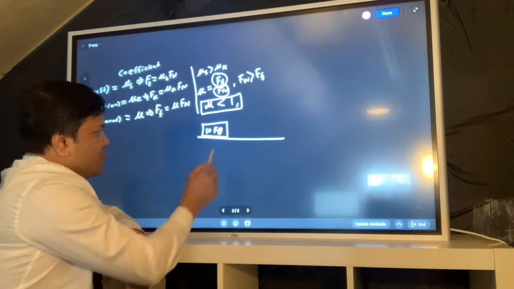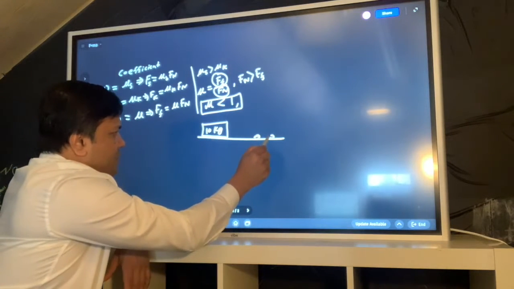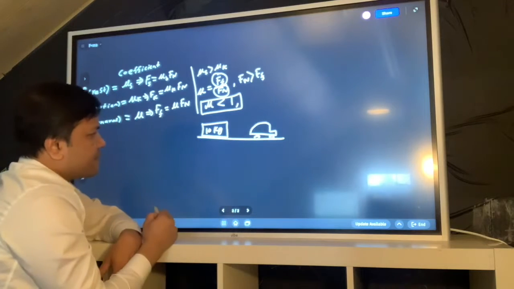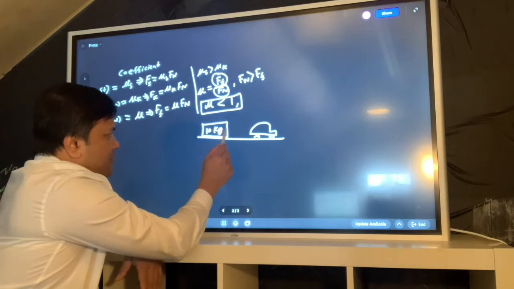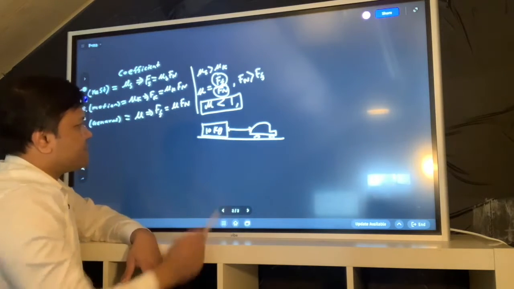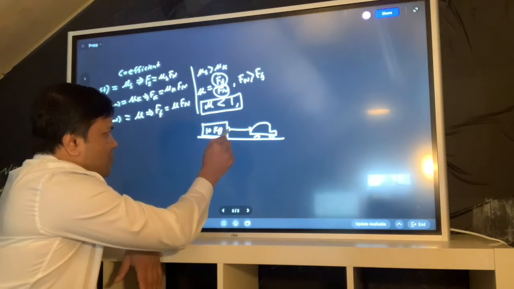Now Mr. Berry wants to move this box by a car. So he attaches a rope between the car and the box. So he ties a rope.